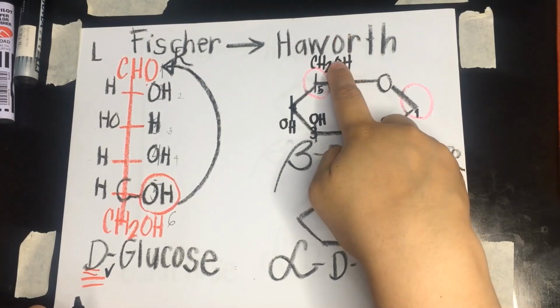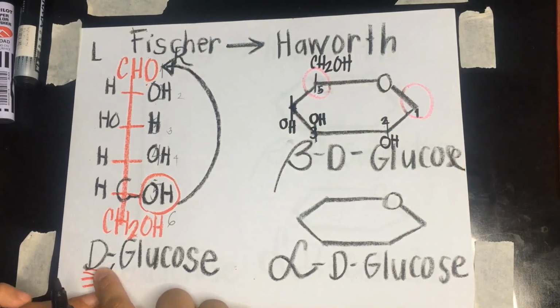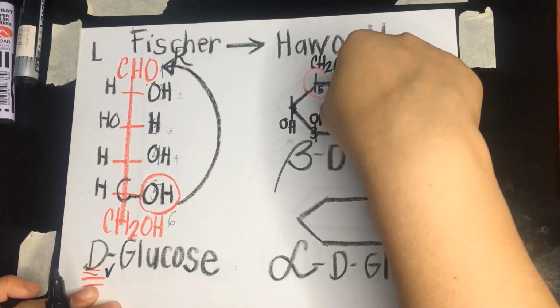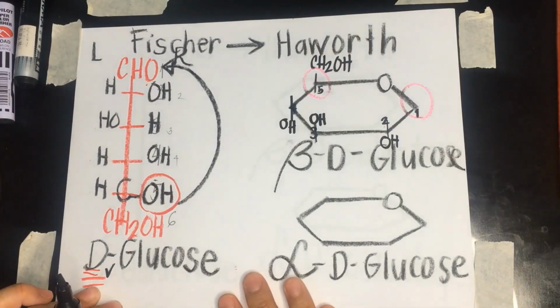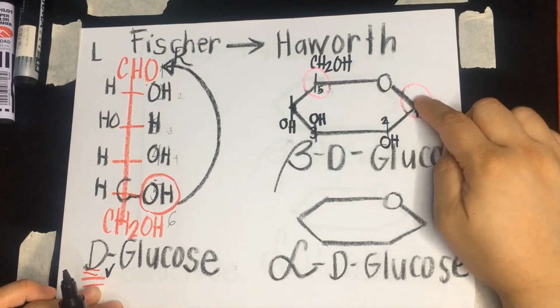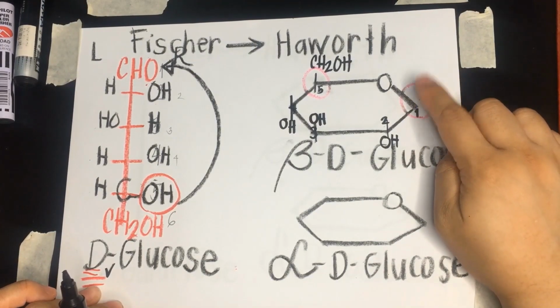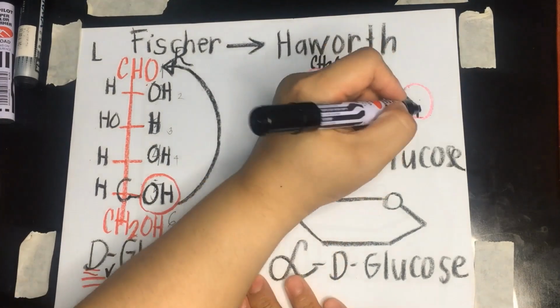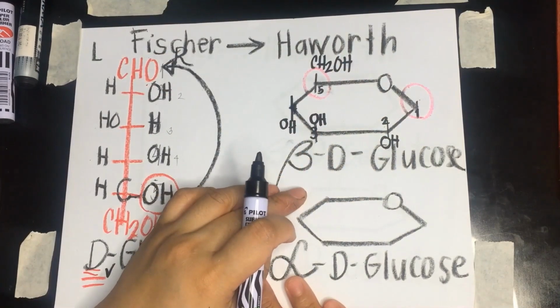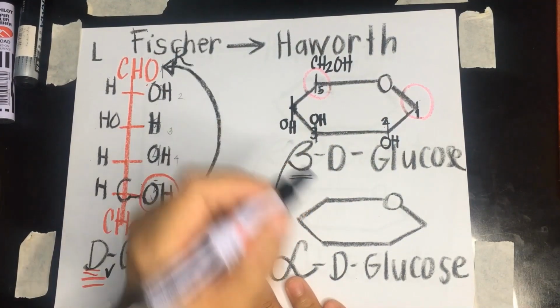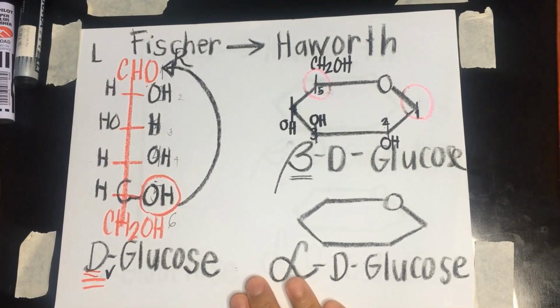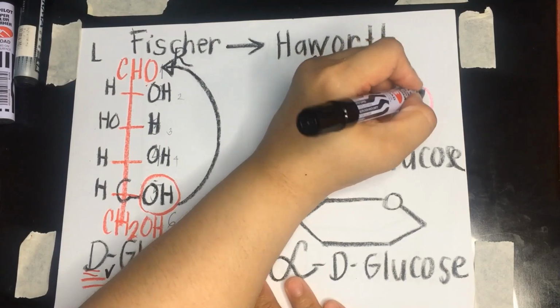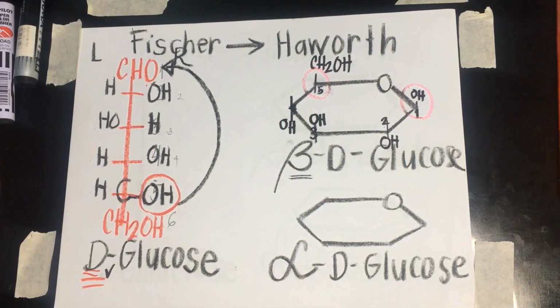Next, the second circle will be the first carbon atom. Our basis is if it is alpha or beta. On the first carbon atom, it states that beta. So it means to say, we are going to put the hydroxyl group on top.